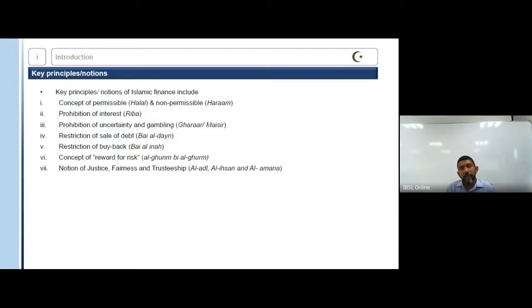The example in a sale contract would be, let's say somebody goes out of IBSL, gets into a 3-wheeler, and says, I want to go to Rajagiriya. I have to know how much he will charge me before I get into the 3-wheeler, whether it's 200 rupees or 300 rupees or whatever.